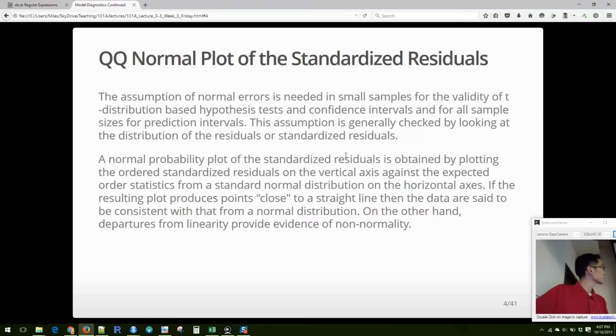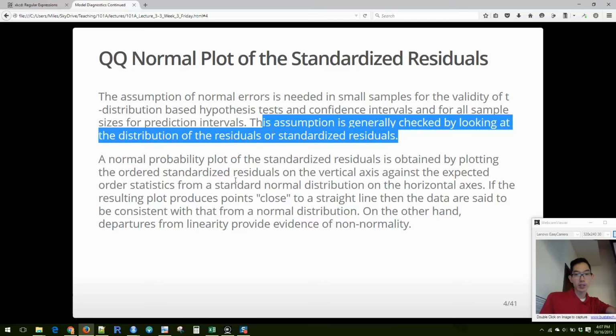Okay. So we've got the QQ normal plot of the standardized residuals. We can take our standardized residuals, which should follow a normal distribution if our assumptions are true. One way to assess whether they are normal is through the QQ normal plot. So what does this say?